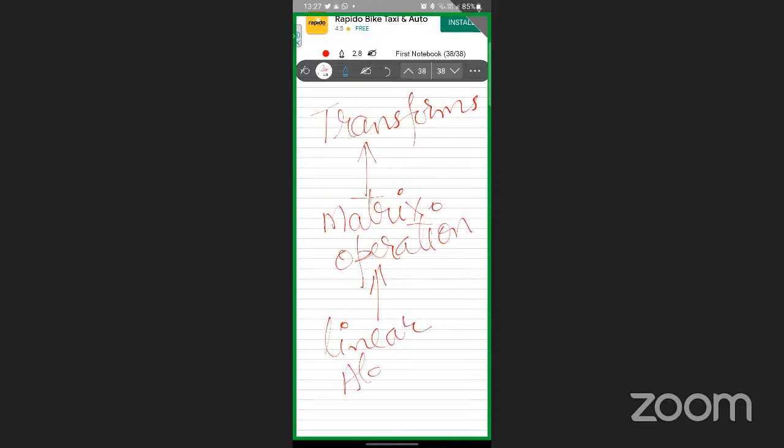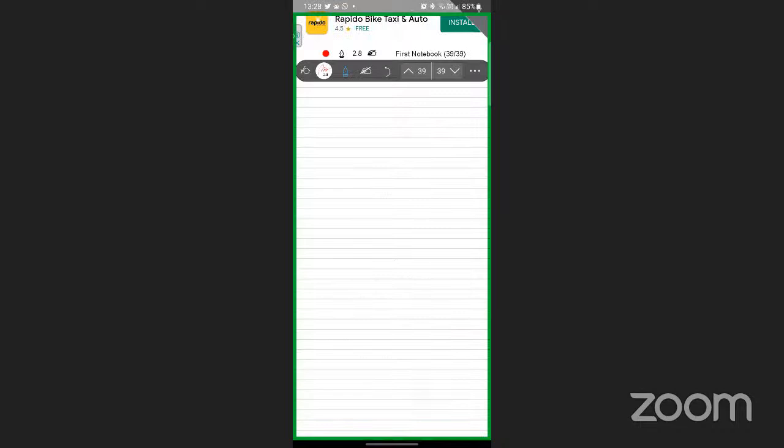Linear algebra deals with the study of transforms and matrix operations. And I have already told you about vector spaces. Sorry, I could not cover all the aspects because there are many other things.